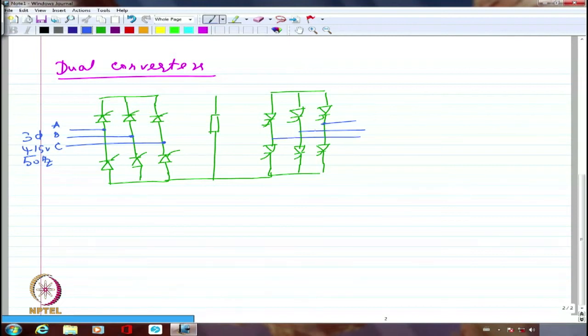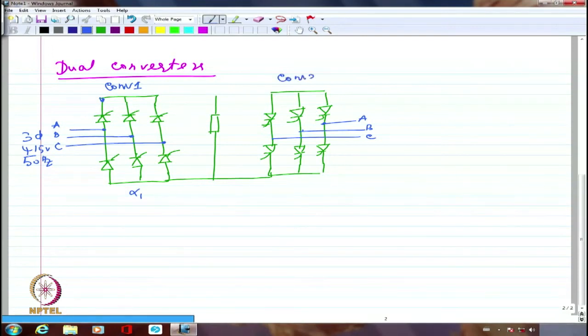So this is also the same ABC, although I'm showing two different terminals, but they are connected together. They are connected to the same three-phase supply. Now, one is fired at alpha 1. Let me call this as converter 1. And the other one is converter 2.